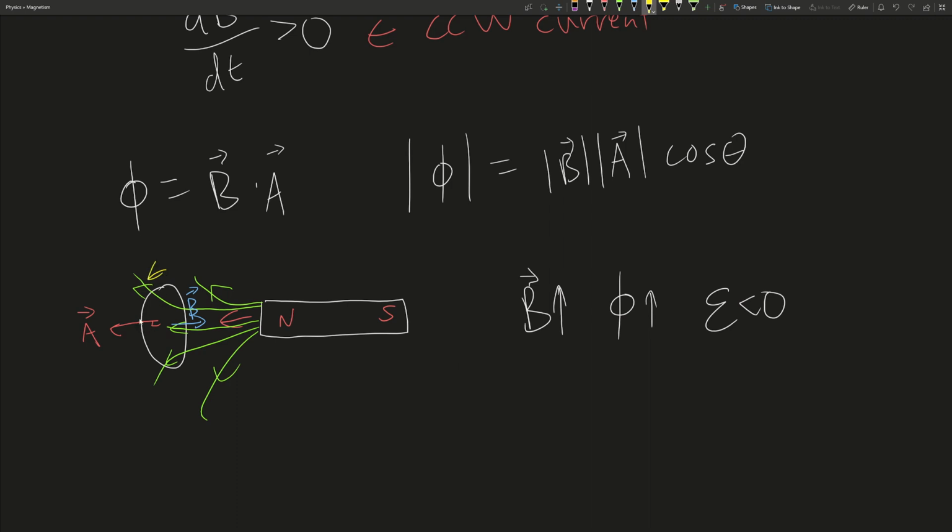So let's just say that this side of the loop right here is closer to you than this side. And so the current is running in this direction here to induce a magnetic field in this direction. Okay.